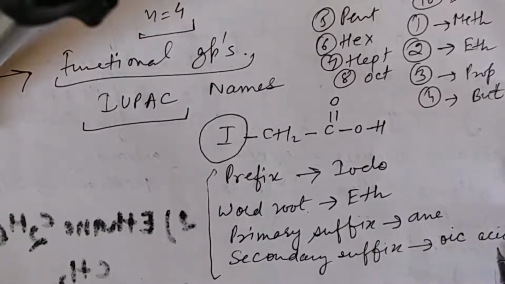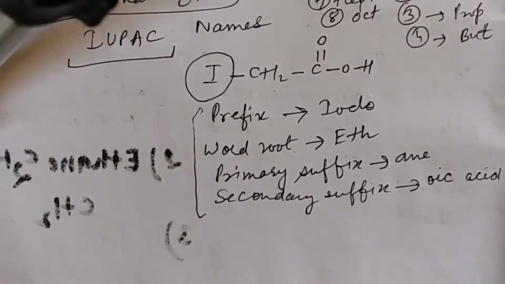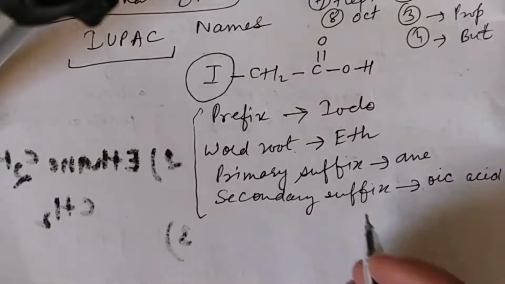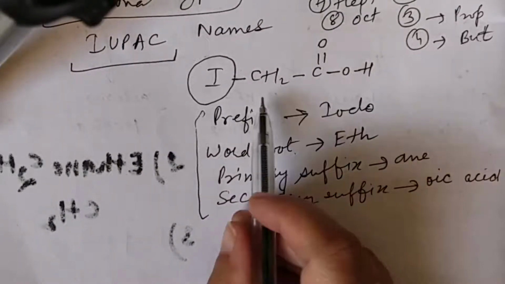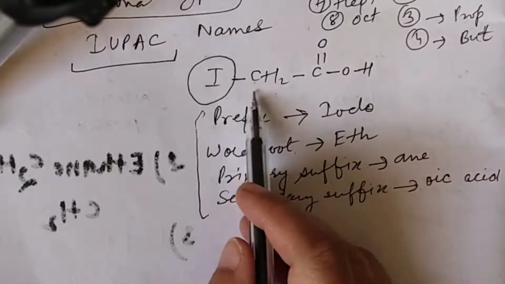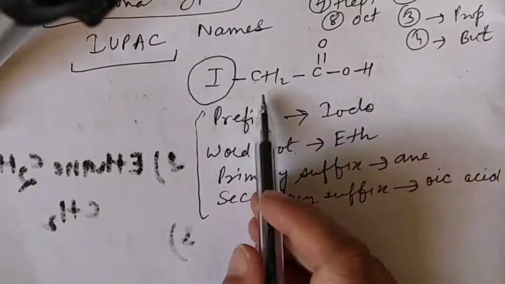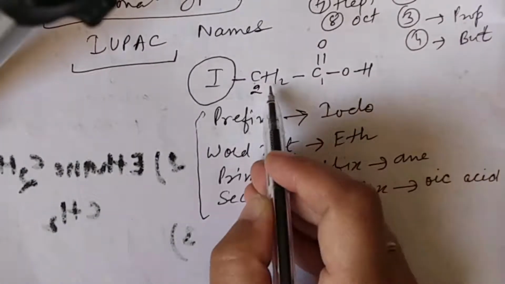So how can the IUPAC name be written here? Now, what is the position of iodo in this compound? It is carbon number 2. How can you say that it is carbon number 2?